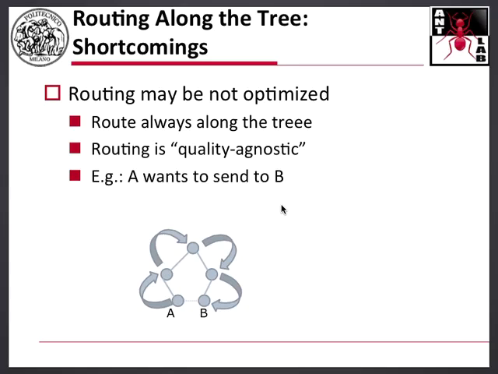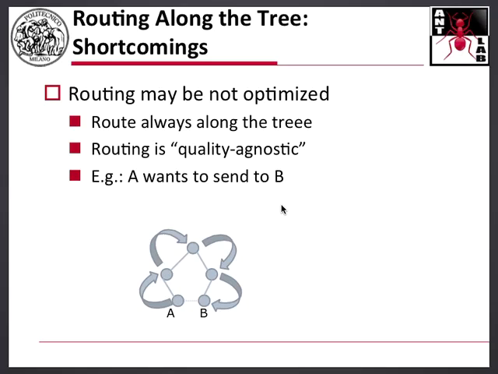But this kind of routing does not account for distinguishing the quality of links, or better, defining routing metrics which consider the quality of the link. Okay?